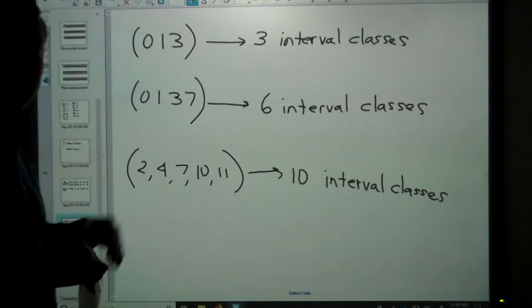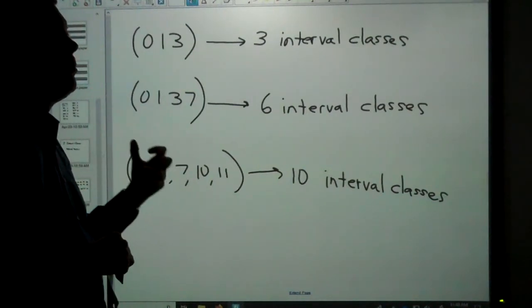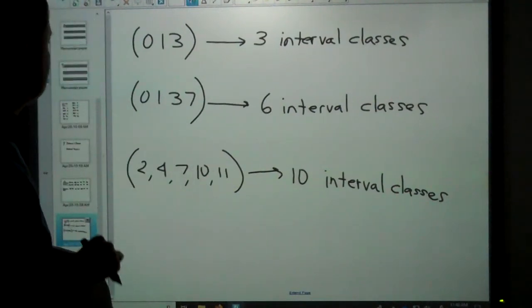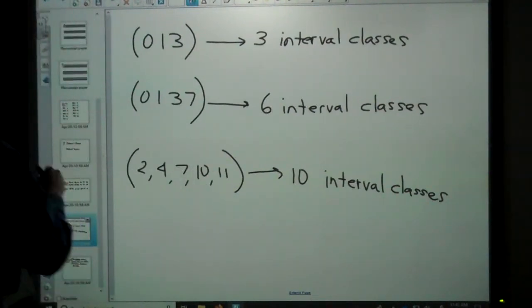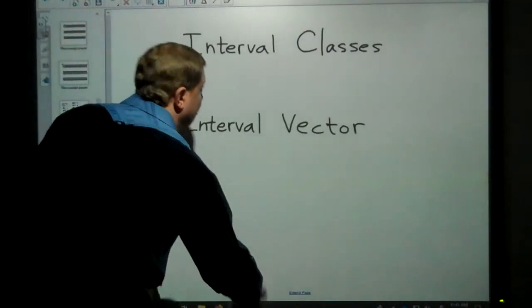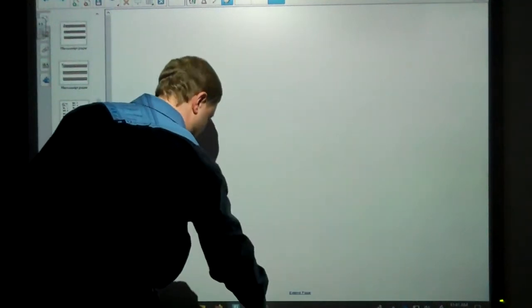And by the way, once we find the interval content, then that information we will use to write what's called an interval vector. But let me not get too far ahead of myself. Let's make some space for another screen here where I can give you an example. We want to find the interval content of a set. That is, how many intervals and what are the interval classes between each pair of members of a set.